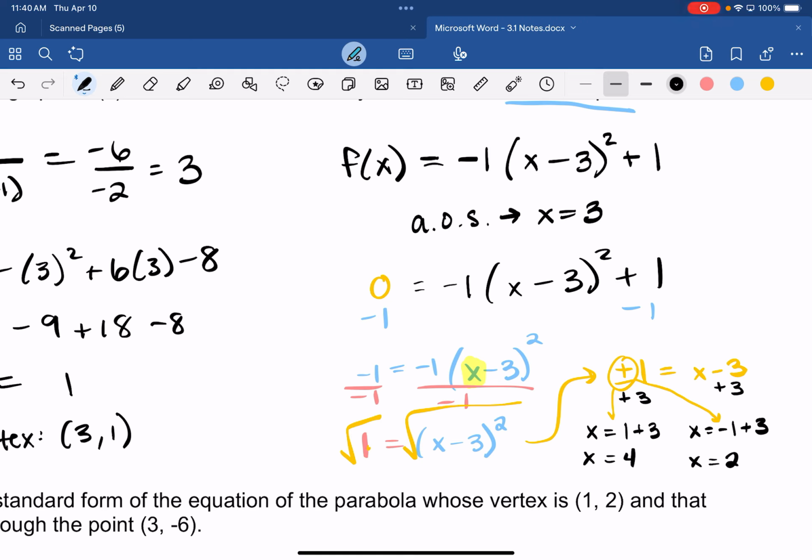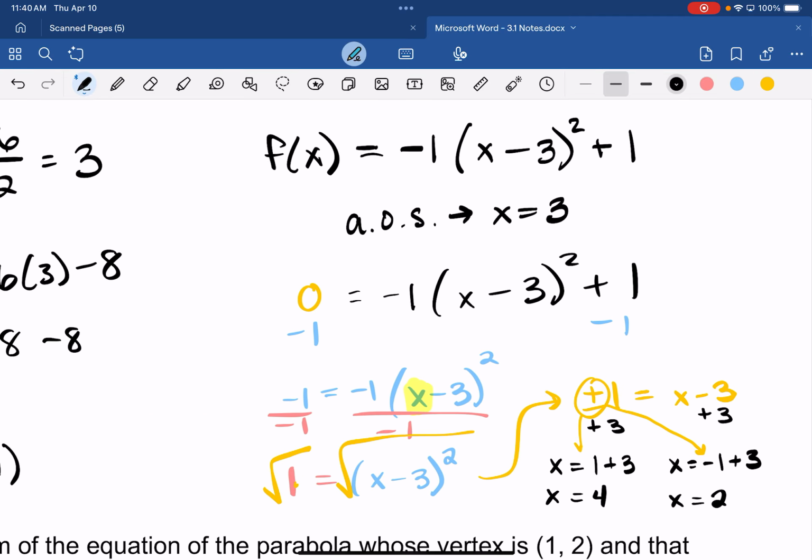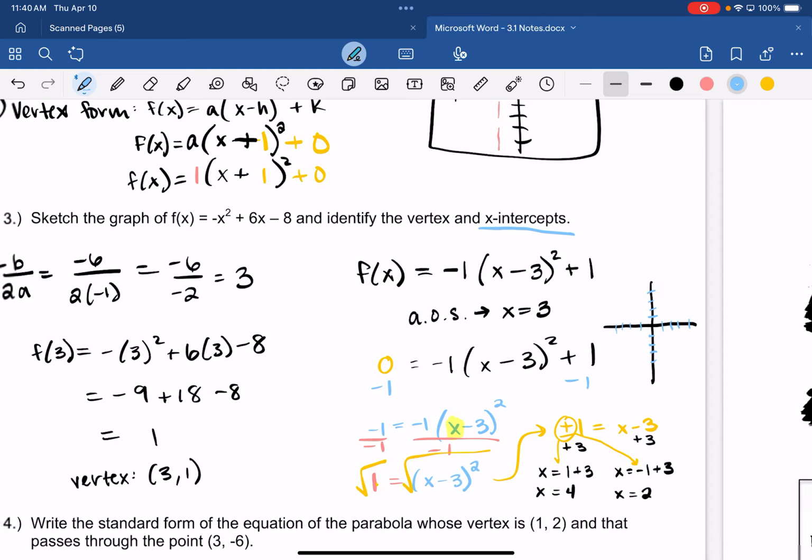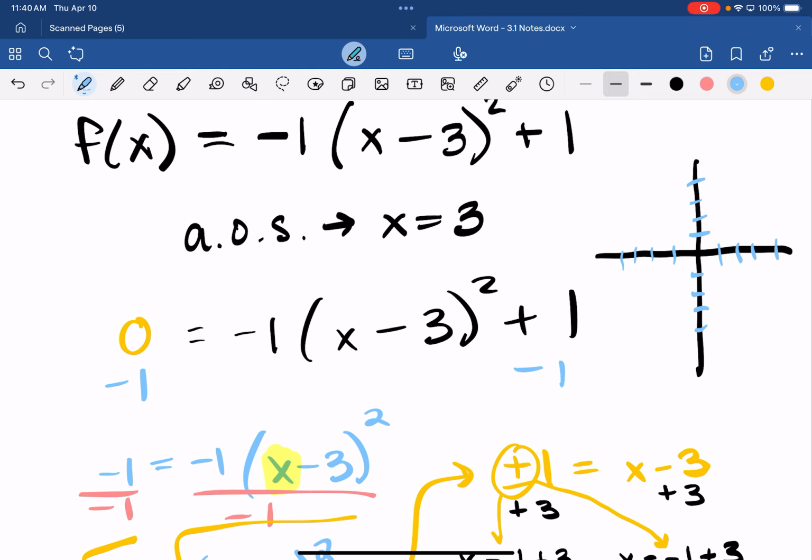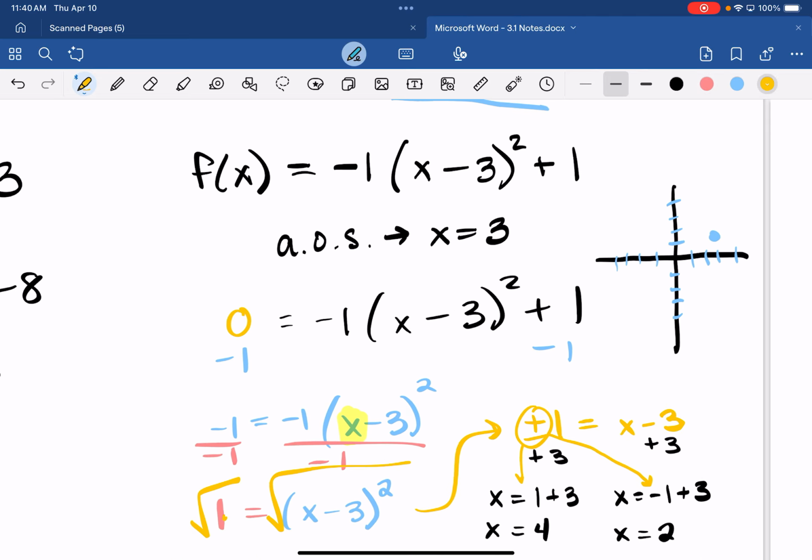So why do we find these? To make our sketch more accurate. If you already did your sketch, that's totally fine. You don't have to erase anything. My vertex was at, where do we write it? 3, 1. So up 3 over 1. But now I know my x-intercepts.